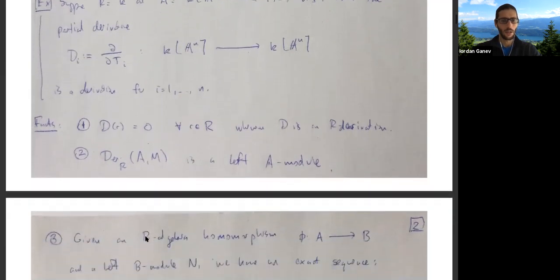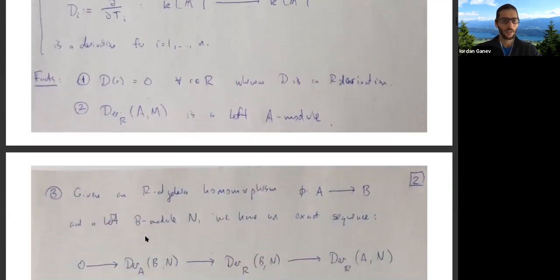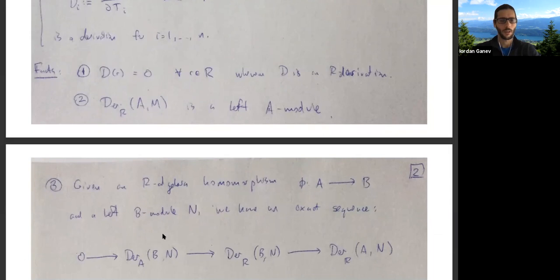All right, and another fact: how do these derivations interact with algebra homomorphisms? So if we had an R algebra homomorphism phi from A to B and a left B module N, then first of all, we can think of N as an A module where the action of A goes through this map phi.